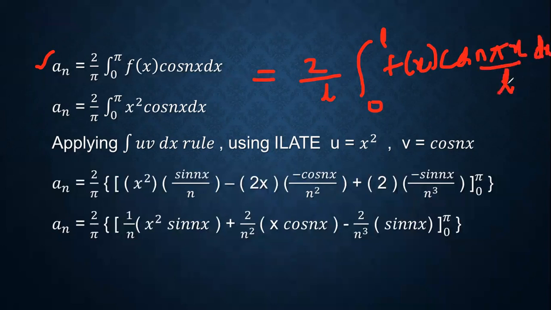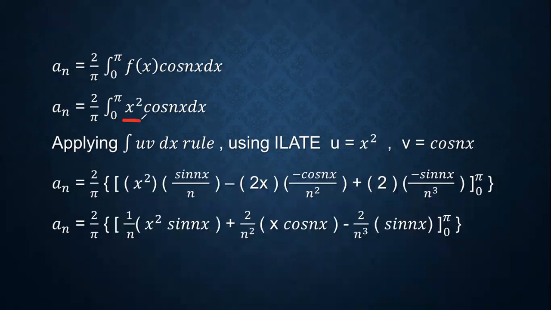But here L is equal to pi. If you substitute L is equal to pi, this can be converted as 2 by pi 0 to pi f of x cos nx into dx. So what is the f of x value? x square. In place of f of x, you have to put x square.